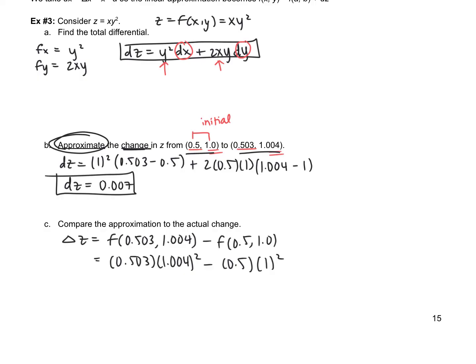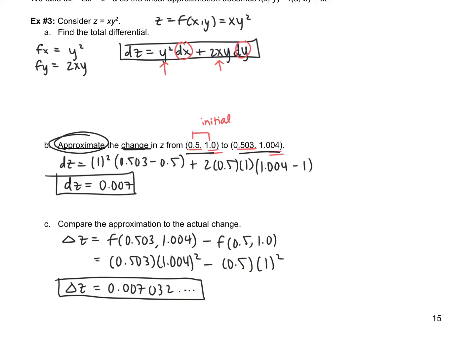So our delta z, our actual change, is about 0.007032, and so on and so forth. So that is the actual change. And you'll notice our approximation is really, really close.